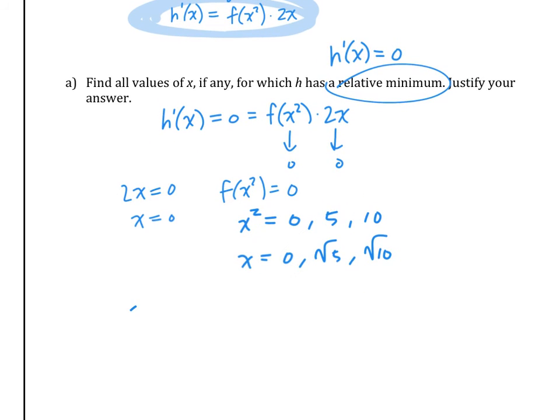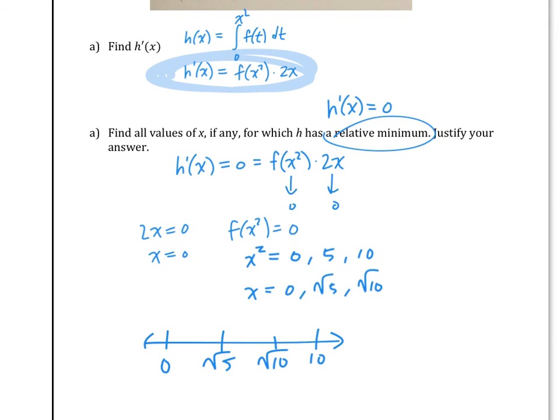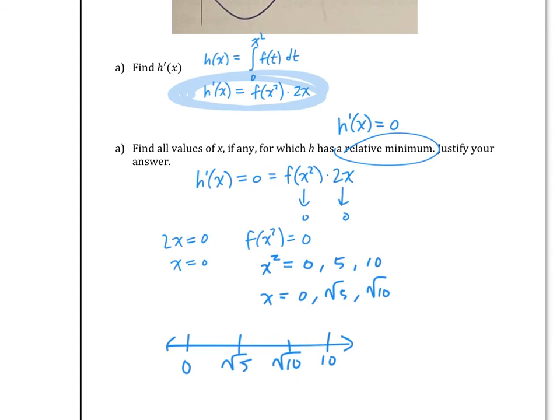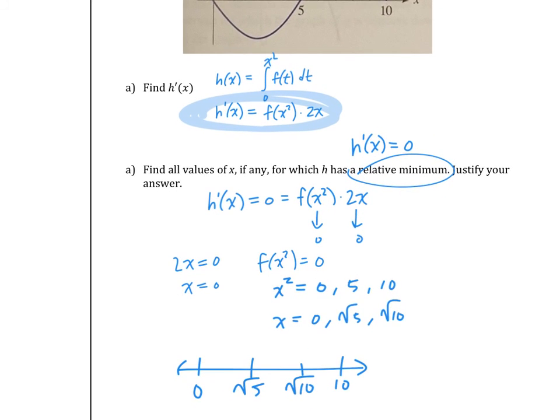Okay, next, you don't know whether it's going to be a maximum or minimum, so you got to check with your sign chart. So then you want to just plug it back into the derivative and check. So between 0 to square root 5, this graph is below. This is going to give you a minus because the graph is below, right?